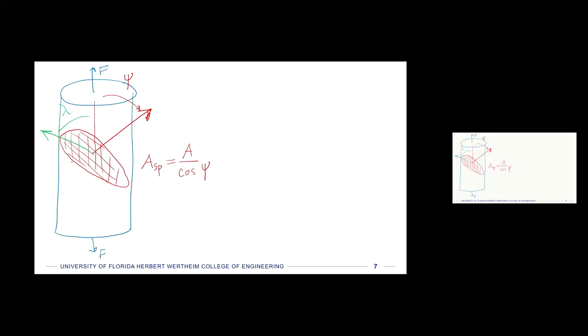So here, let me just draw some other angles to help answer the question. So we'll go purple. So we could have lambda here, we could have lambda here, like anywhere. If that slip plane area ASP is like a pizza or a clock, right? That it can slip in any direction in that plane, right?